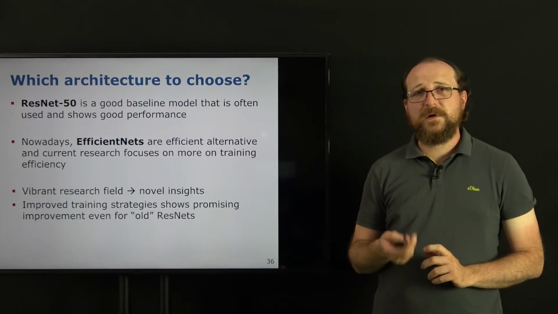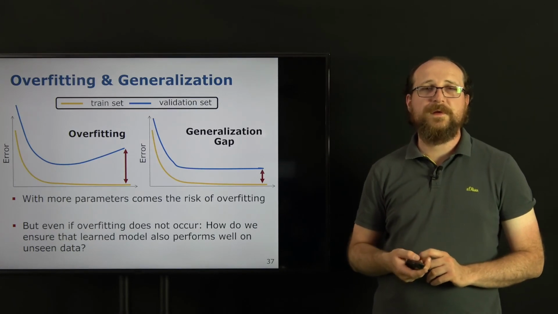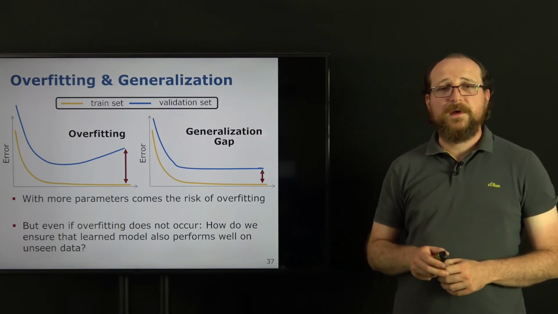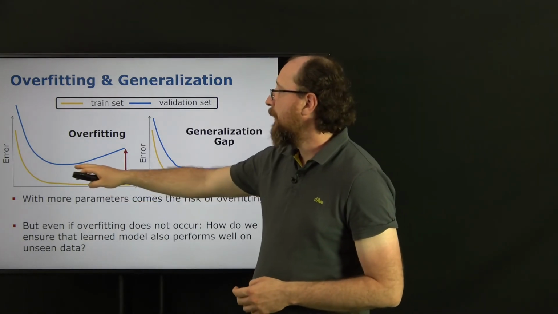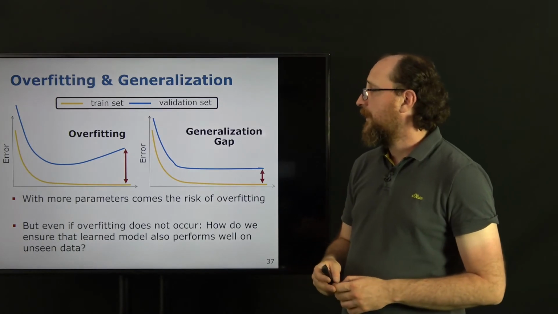But when we talk about training of the networks, we also have to talk about overfitting, or the generalization ability of the network. Usually what we mean by overfitting is that when you train, your training error is decreasing, and at some point the validation set error is increasing again.